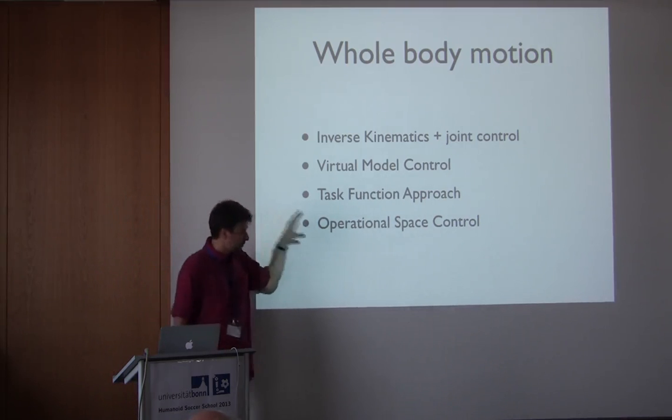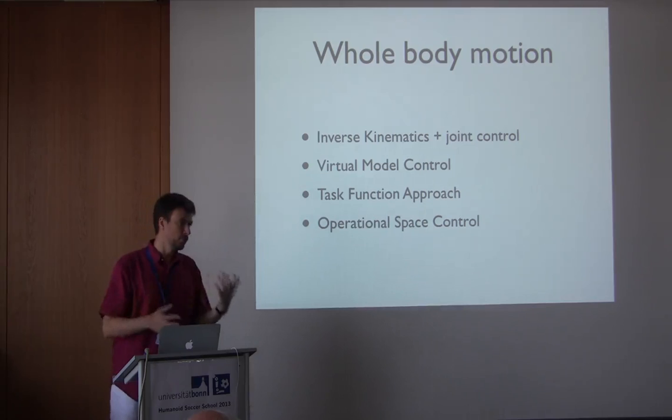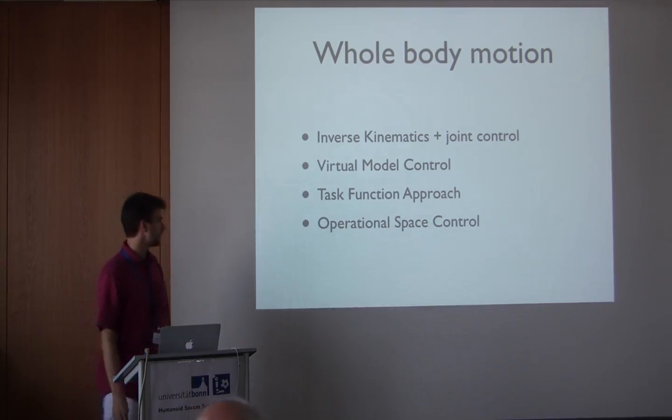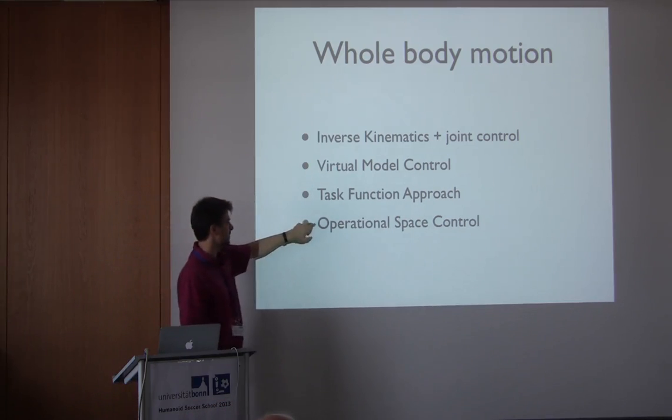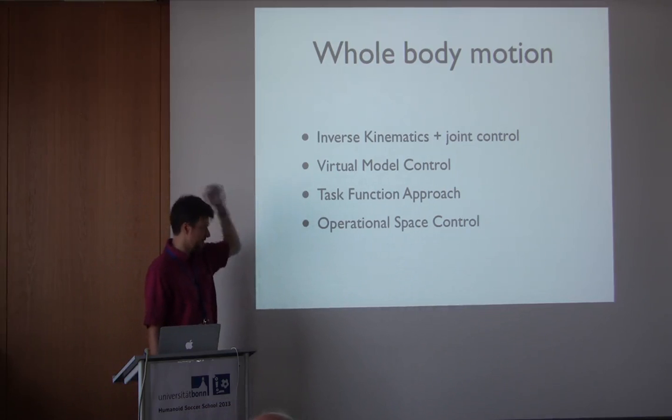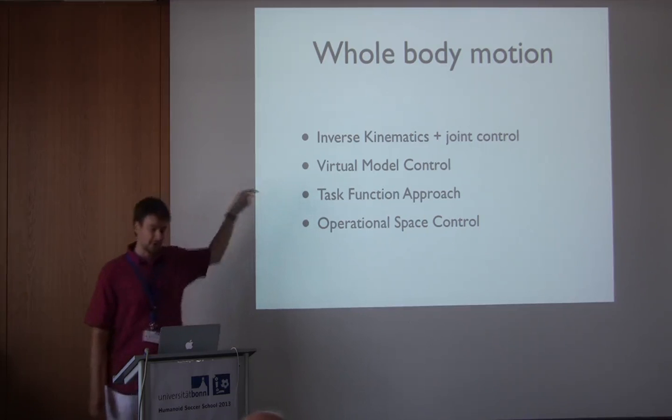And then you have the operational space control, which is a different view on the same kind of systems. This one was proposed by Khatib at Stanford University, and the other one was proposed by French researchers.